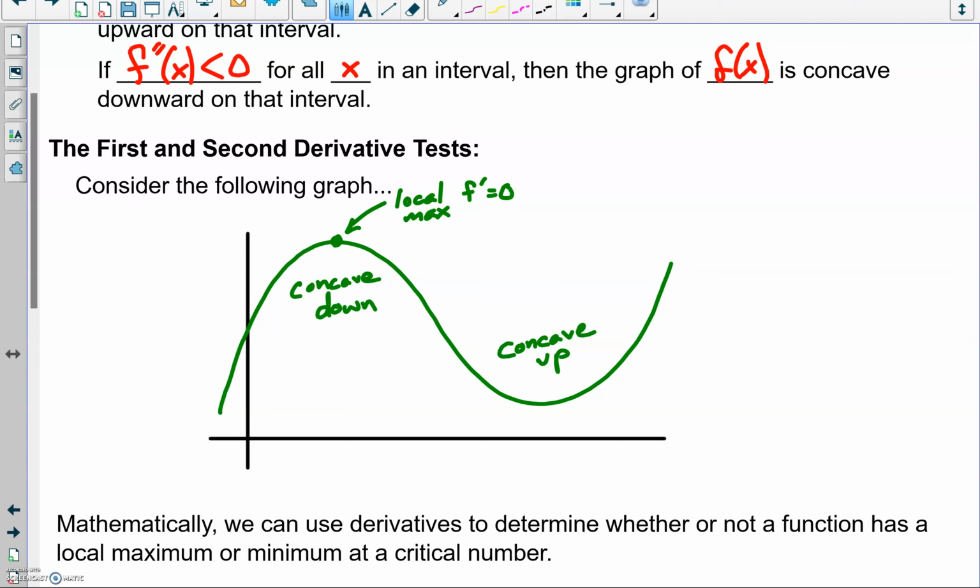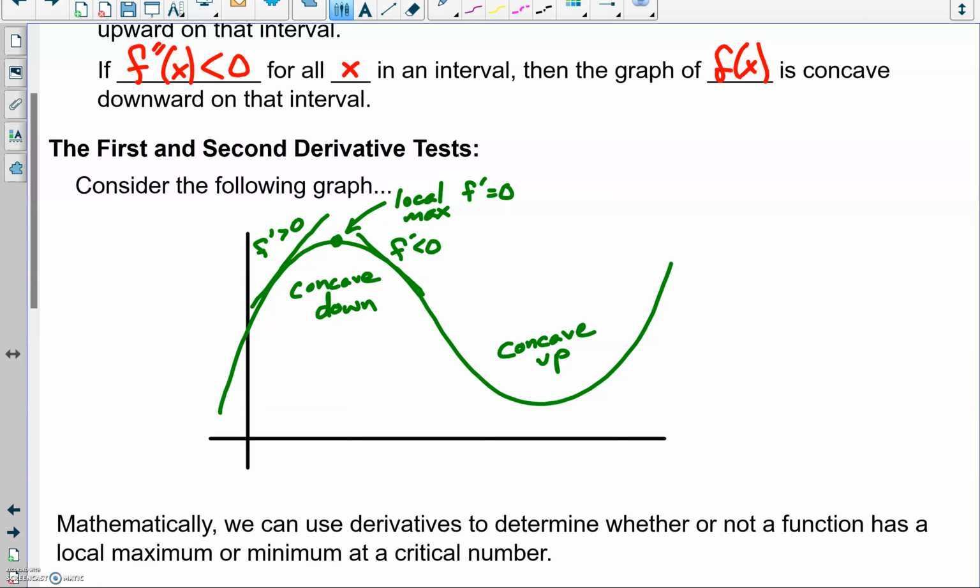But notice also on the left of the concave down, and to the left of that local max, you've got f prime being greater than 0. The slopes are increasing. And on the other side, you've got f prime being less than 0. So you're decreasing.